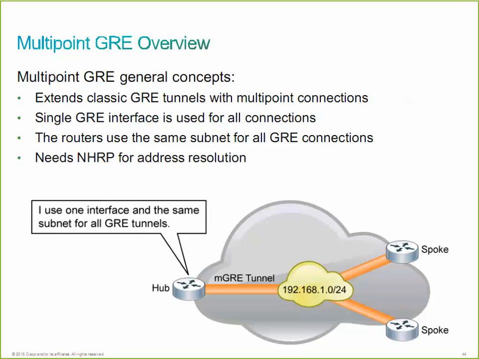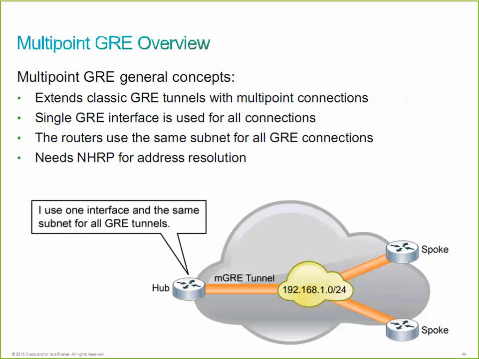It actually allows us to simplify the configuration as well. Because in a classic GRE point-to-point configuration, you're having to create several GRE interfaces for each location that you want to connect to. With multipoint GRE, you only have one tunnel interface for all of the multipoint GRE peers, all right? And those GRE tunnels even use the same subnet.